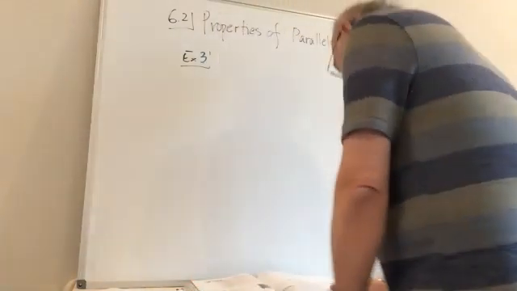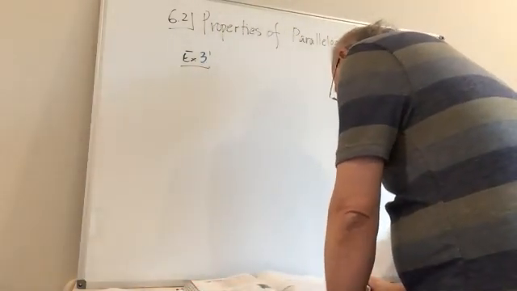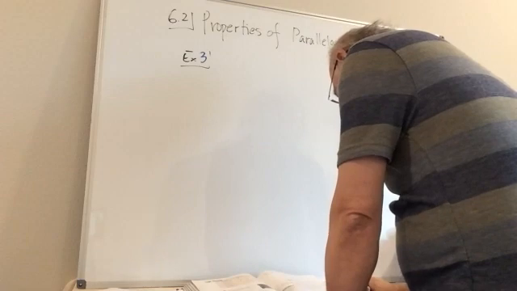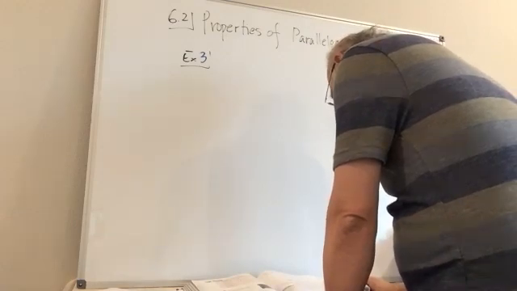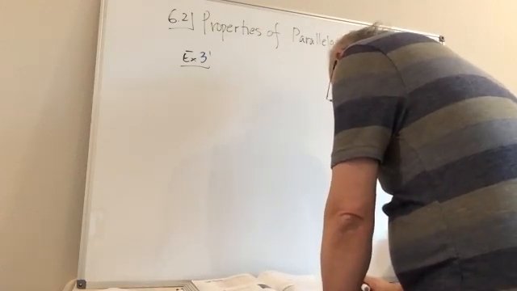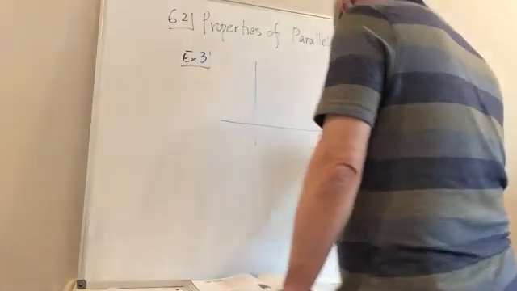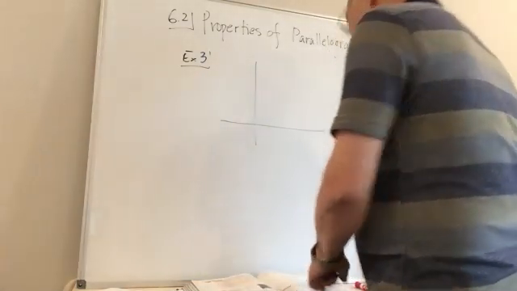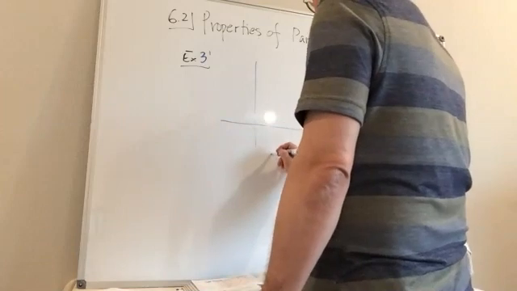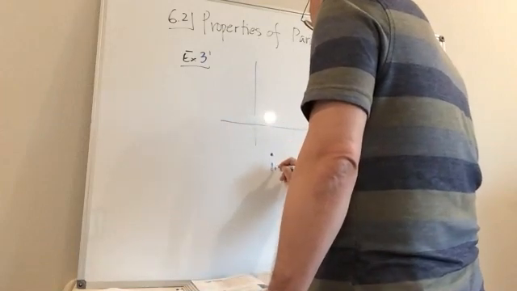Example number 3. The 3 vertices, find the coordinates of vertex C. Okay? A is 1, -2.